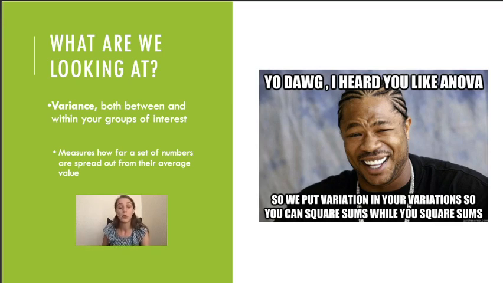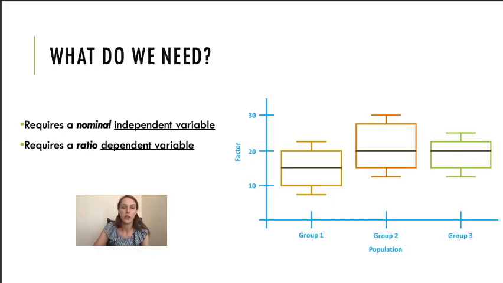So we're looking at variance in all sorts of different ways, which is why I think this outdated meme is applicable, because we're talking about variation within groups and between groups. Sum of squares is how we find variance. So that's really what we're looking at here. We're looking at spread, and that's what this graph helps to illustrate as well. The length of these boxes expresses that variance around a mean.